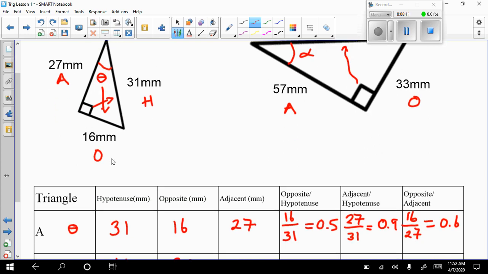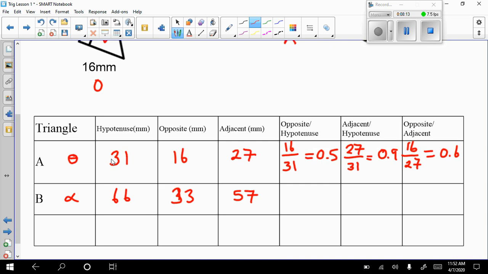Okay, so again, we could do ratios here. Opposite over hypotenuse would be 33 over 66, and that one you get exactly 0.5. So interesting, the same ratio. Adjacent over hypotenuse is 27 over 66, and again you get approximately 0.9.